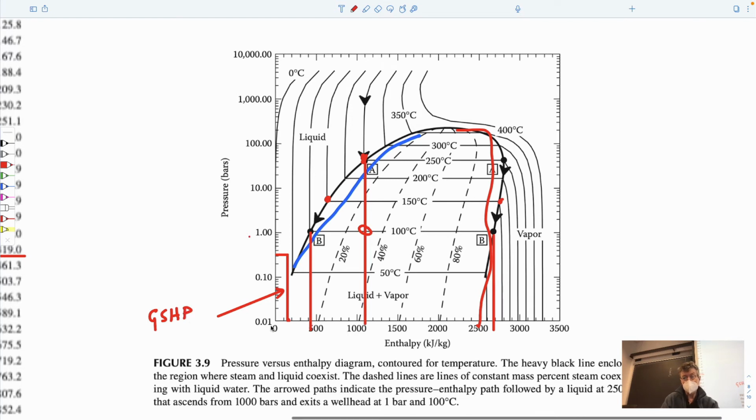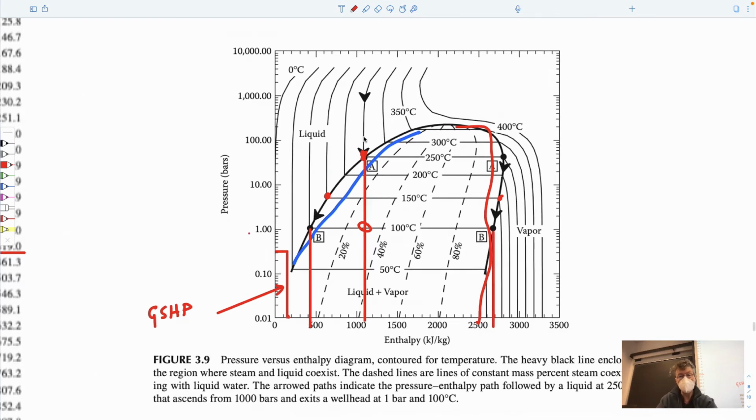So very low pressure, very low temperature, not 0 degrees centigrade. This is increasing. These are contours of temperatures as you go across here. So 350, this is 250, so 200, 150, 150, 0 in this. So I guess it is in this region here, and it's at relatively low enthalpies.